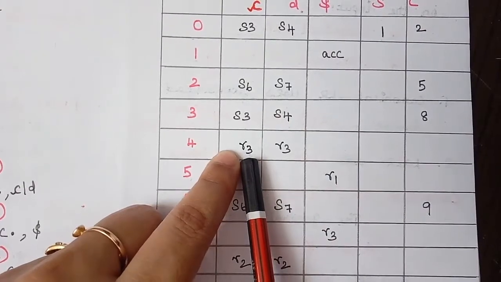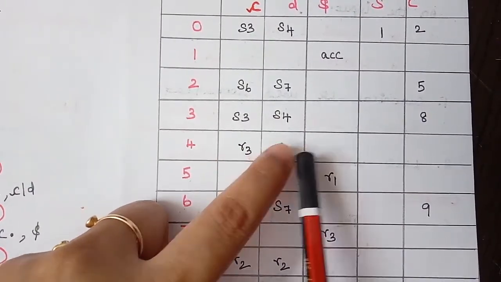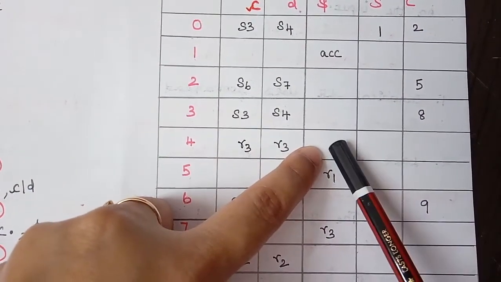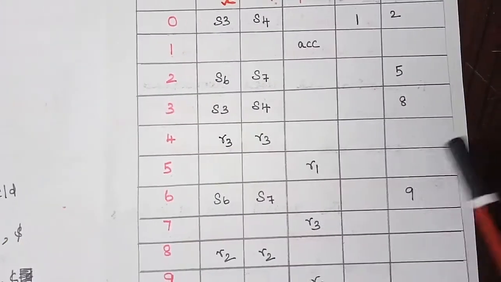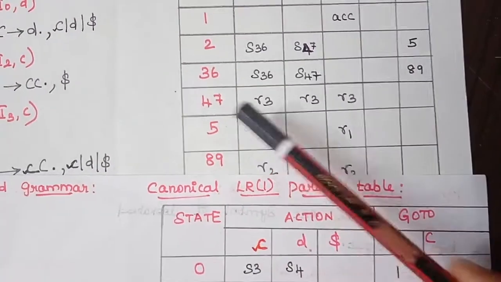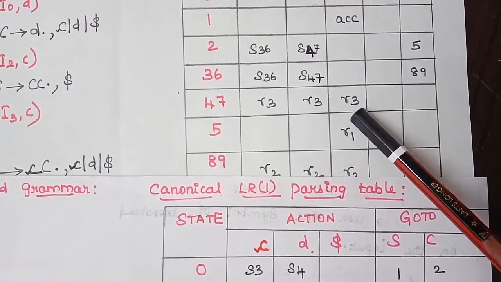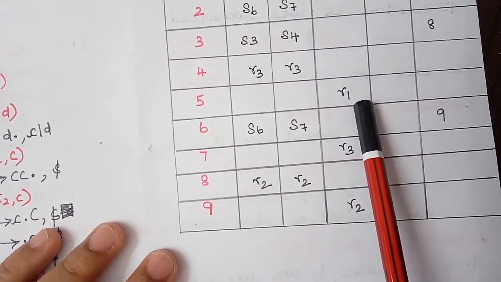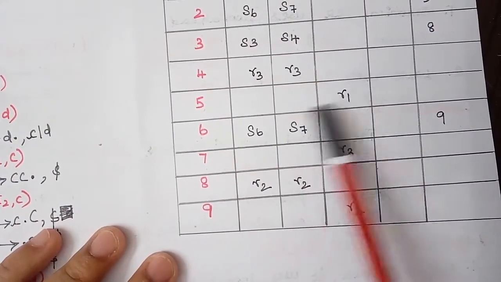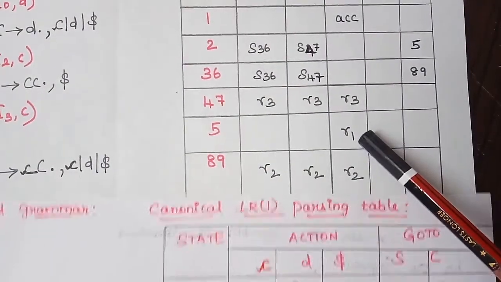For 4 7, in C we have R3, in D we have R3, and for dollar also we include R3. In goto we don't have anything, so we can leave it as it is. Then coming to state 5, we have only R1, so there is no need to combine anything and we take it as it is.